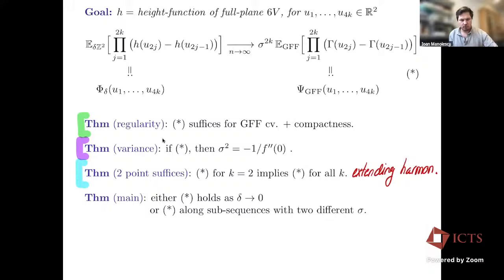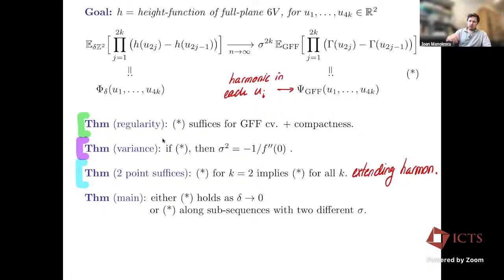I'm talking about harmonicity because this function here, the moments of the Gaussian free field, should be harmonic in each u_i, as long as all the u_i are different. It has poles when the u_i become equal.